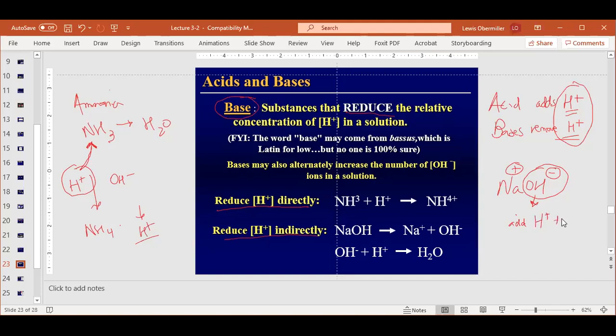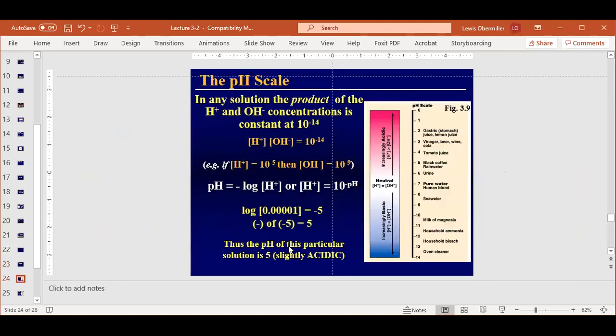Because it's H2O. So by pouring sodium hydroxide into a solution, it is removing the H pluses to make water. Does that make sense? So when it takes away hydrogens, what do we call that? It's a base. All right, so that's an indirect method to make a base.